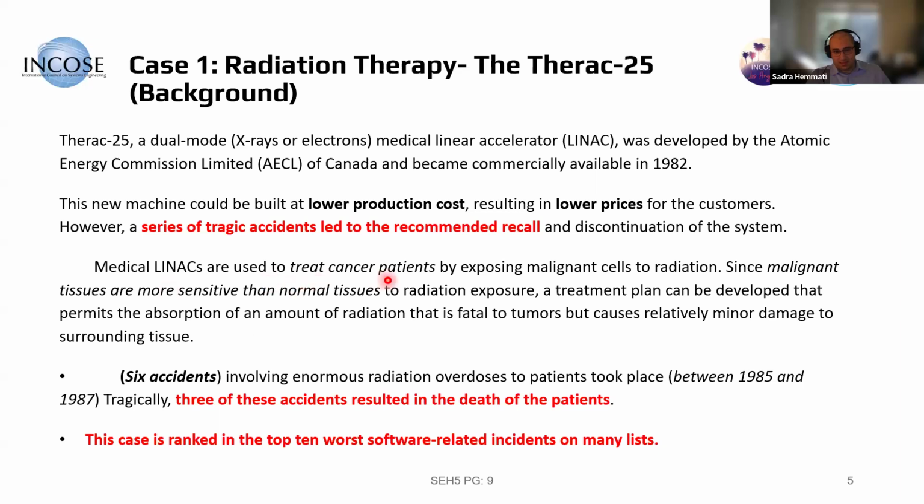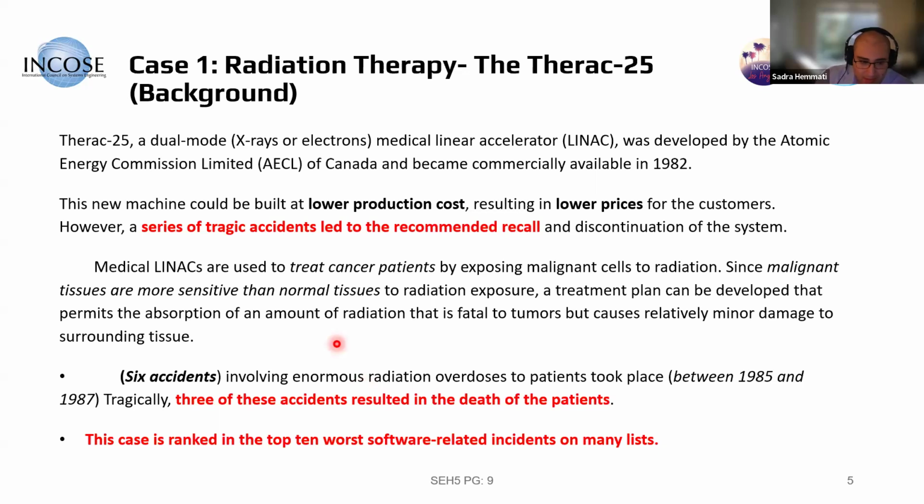LINACs are used to treat cancer. The energy of these beams is correlated with the depth of penetration of the beam into the tissue. So the device should have been able to control the depth to which the beam penetrates, and whether it is a cancerous tumor or just normal tissue.